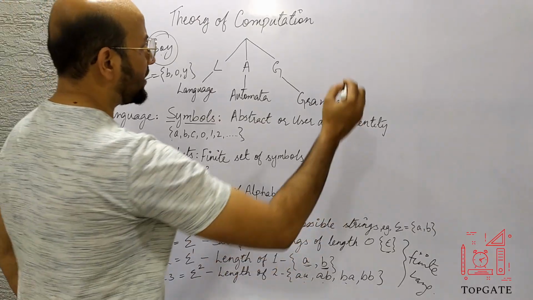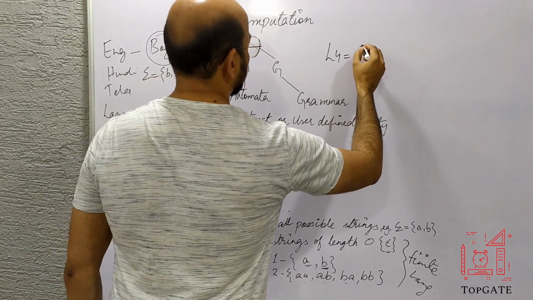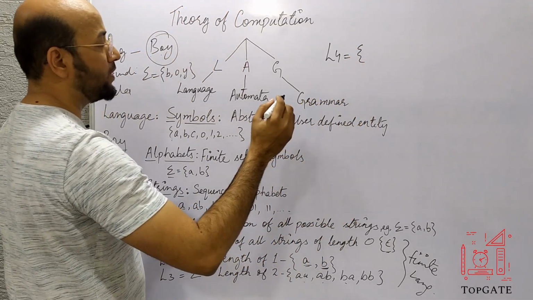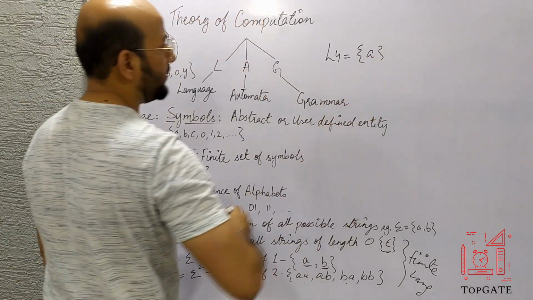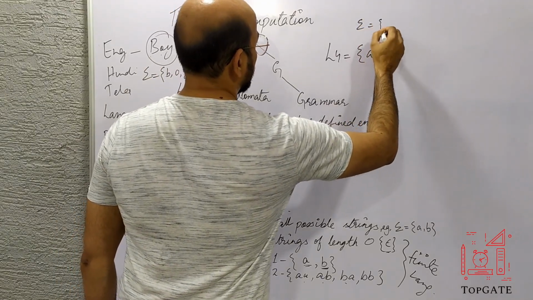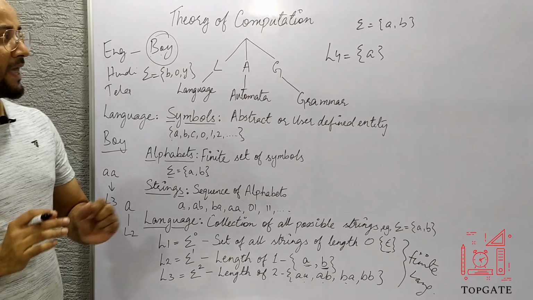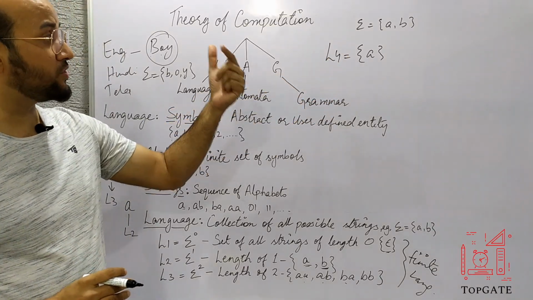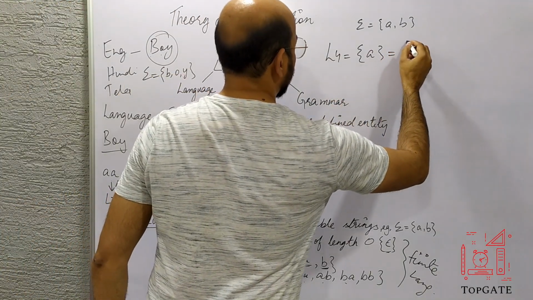Now suppose I give you one more language, L4, and I ask you to make all possible words that start with A over sigma equal to {A, B}. So the alphabets I have are A, B, and in the language I need all the possible words that start with A only. What words do I have?